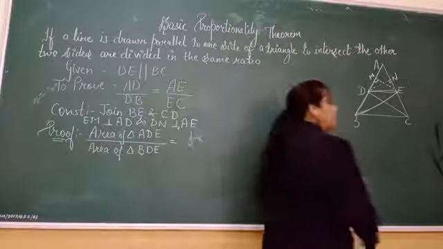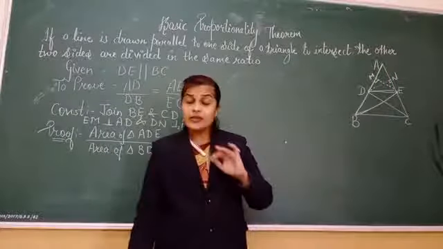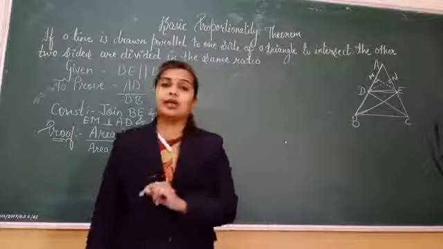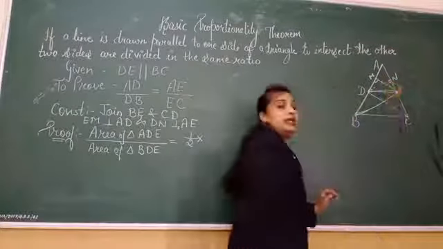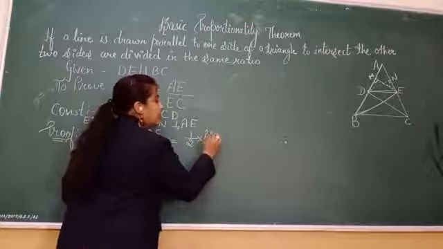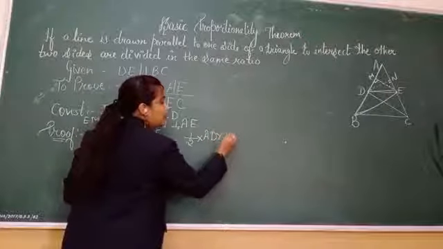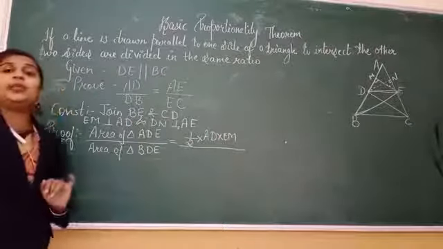From here, if we consider the base as AD, then in that condition, what is the height? EN will be the height. So from here, 1 by 2 into AD into EN upon area of triangle BDE.